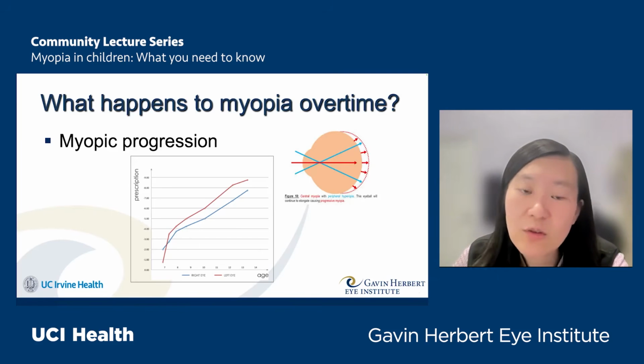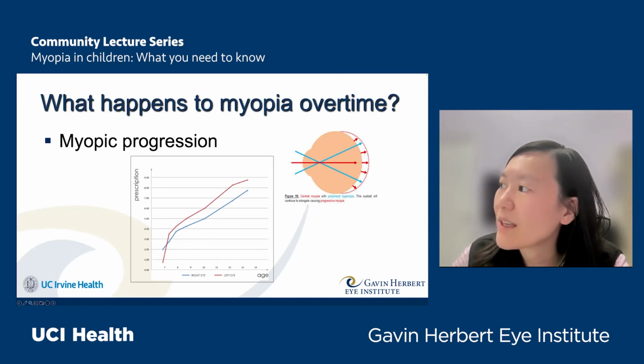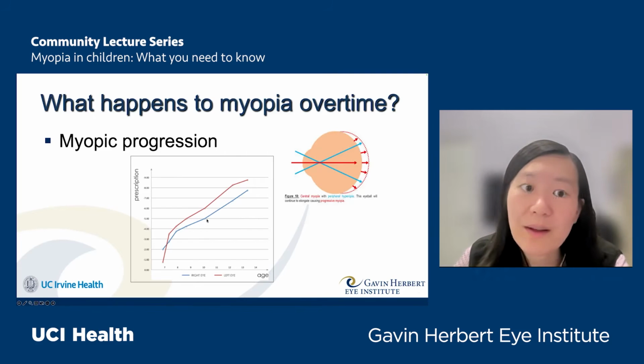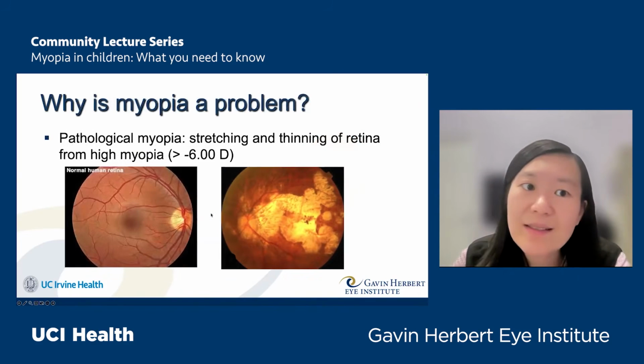As the eyeball elongates axially, the light doesn't get focused as well, and so they get myopic. Kids usually go through a small growth spurt between ages 9 and 12, their eyes grow longer, and that's why the myopia gets worse as well. Why is this a problem?